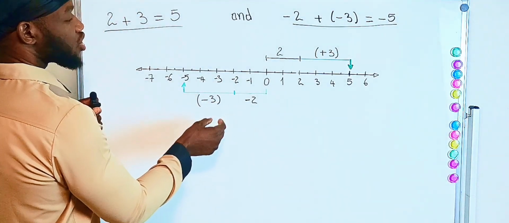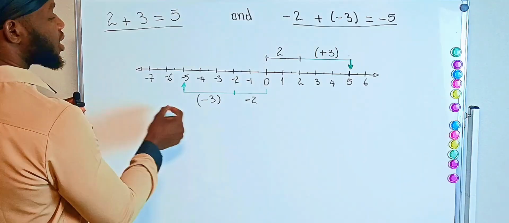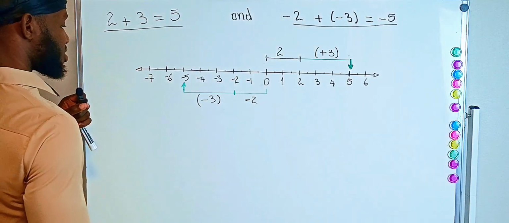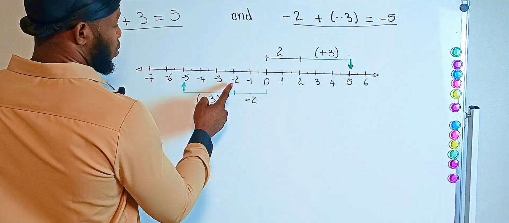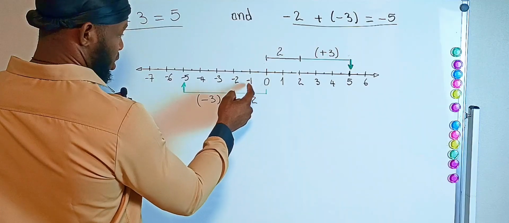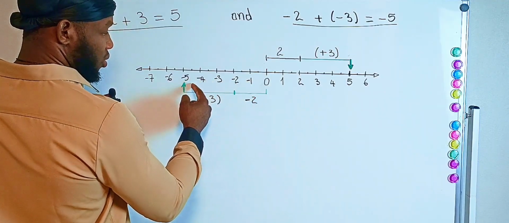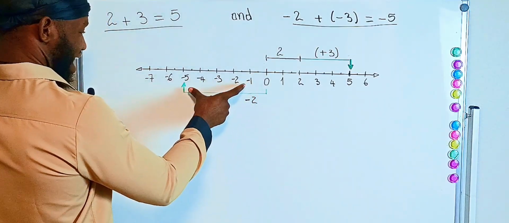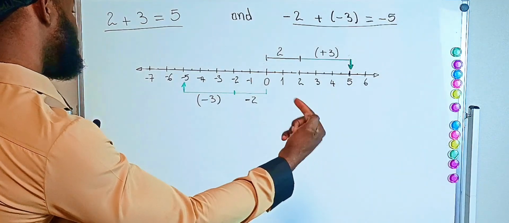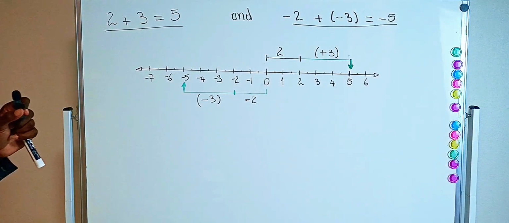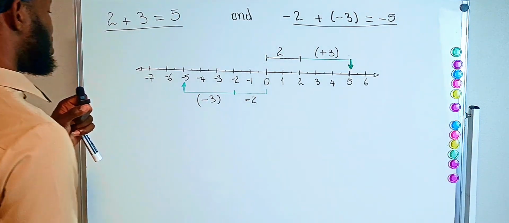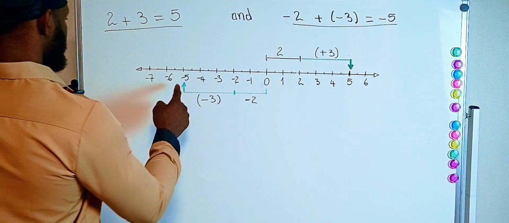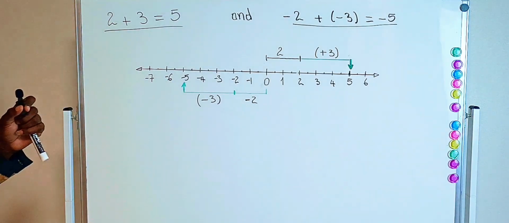That means plus 3 more units, but to the negative side. That means 1, 2 plus 1, 2, 3. That means 5 units, but to the negative side of the number line. That means the answer will be negative 5.